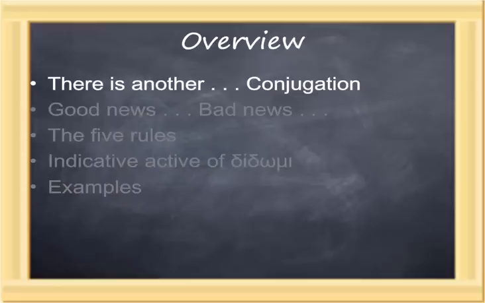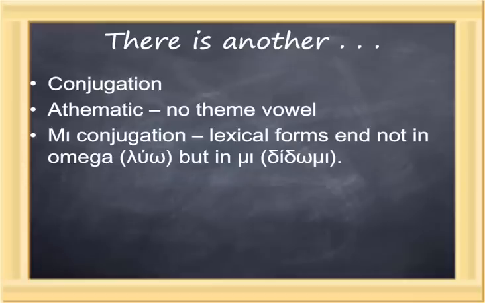First of all, there is another conjugation. A conjugation is a pattern through which a verb inflects to give all of its various meanings. The other conjugation is athematic. It has no theme vowel, no connecting vowels in the present.